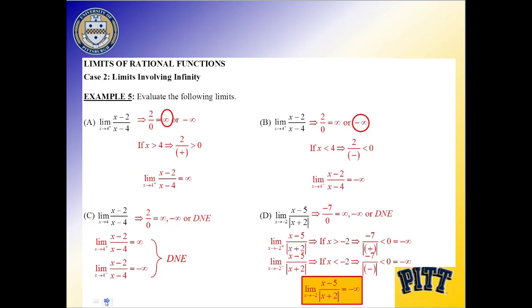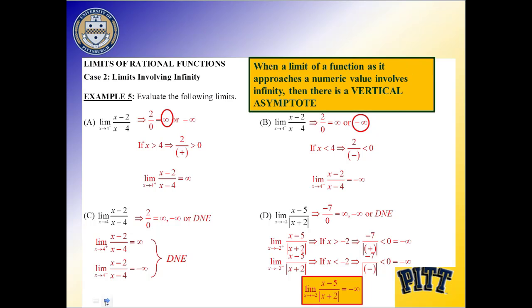Anytime you evaluate a limit and you get a 0 in the denominator and a number other than 0 in the numerator, that tells me that I have a vertical asymptote. We talked about those too when we were talking about holes. Because remember, having a 0 in the denominator in each one of these cases does signify a domain restriction.